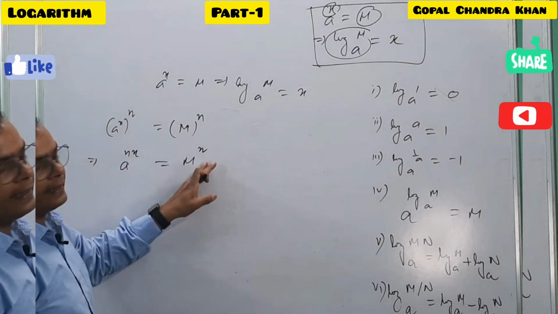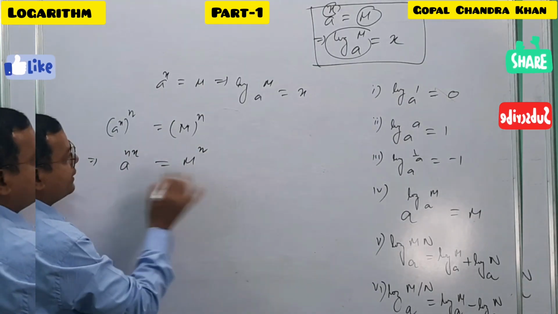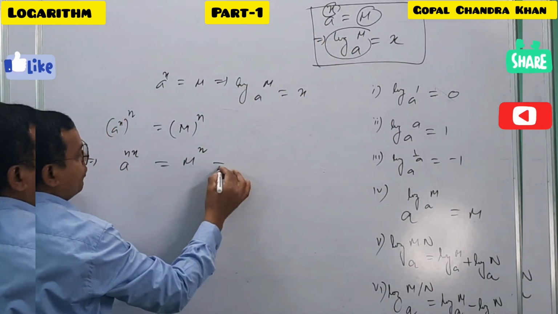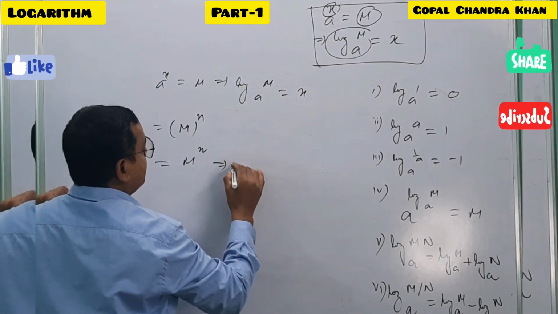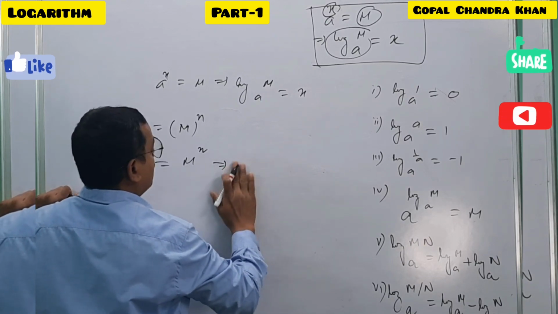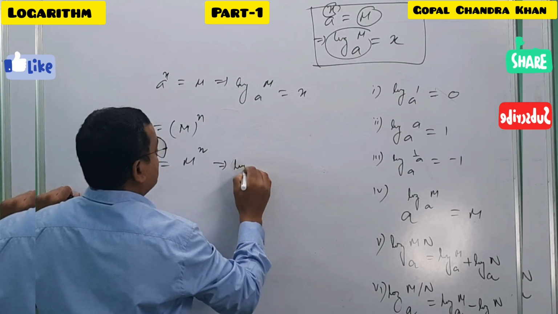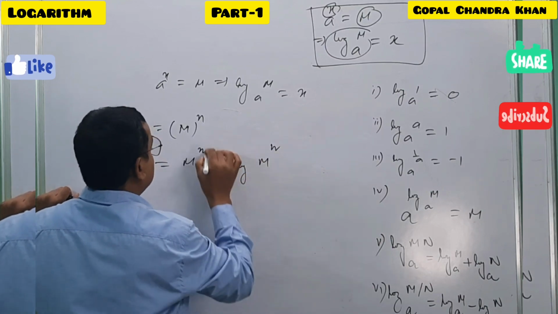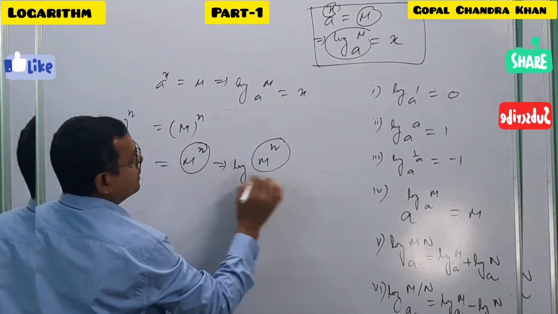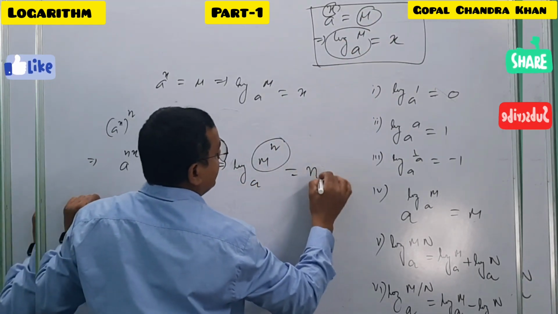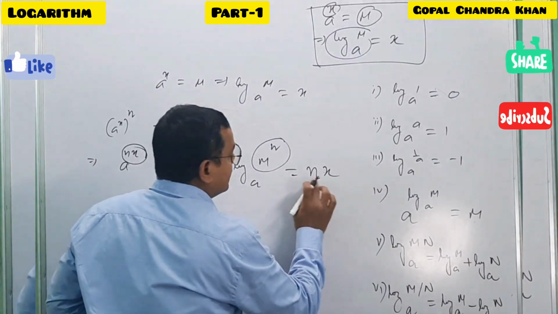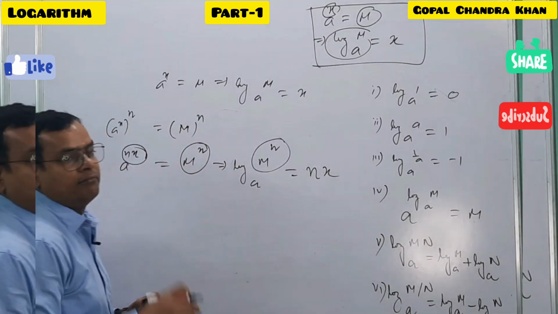Now if I take logarithm both sides, by that logarithm formula, it will give you log m to the power n base a equals n into x. This power is coming here as n into x. n is coming as a multiplier.